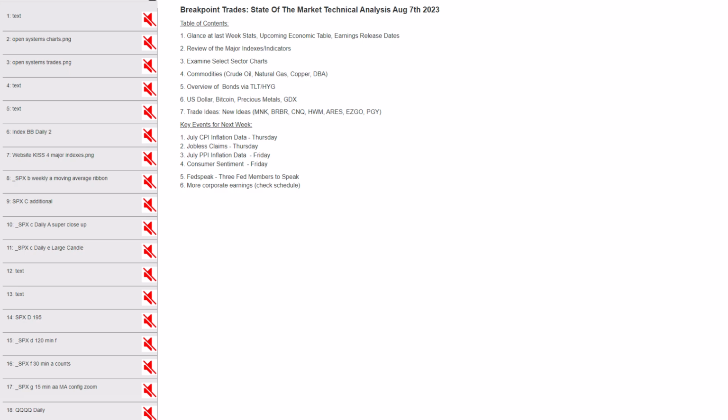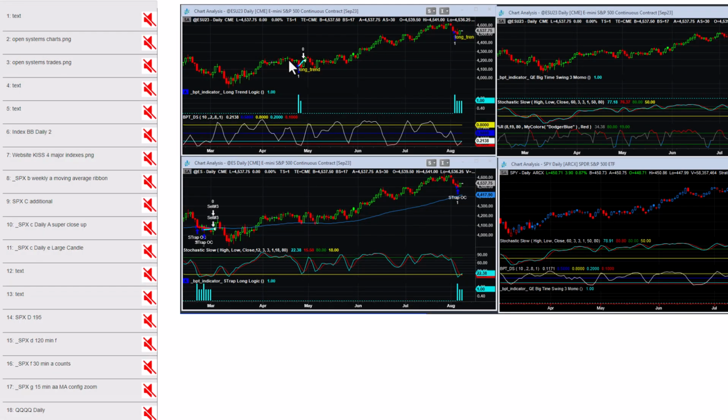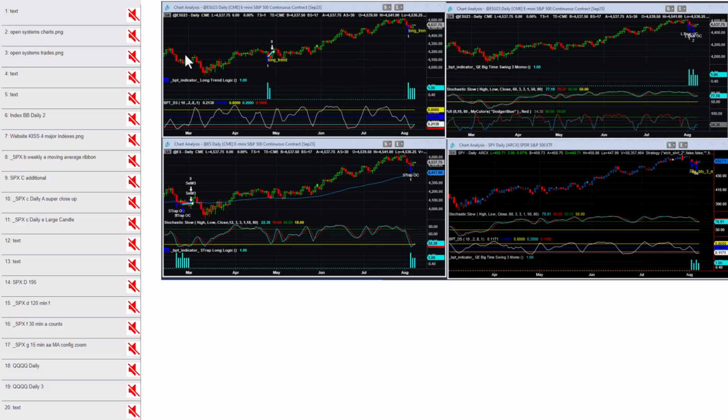Now, before we get to the market analysis, let's talk about our systems. The first image below, item number 2, shows you the open reversion to mean systems. We have 3 systems long on ES futures.